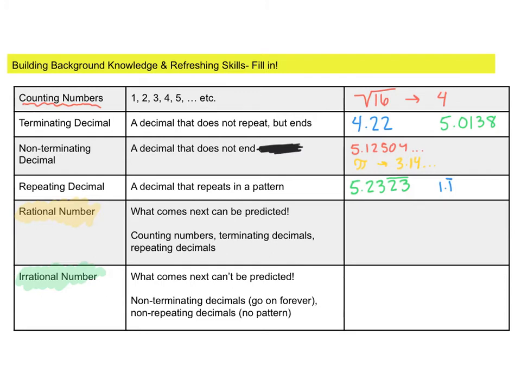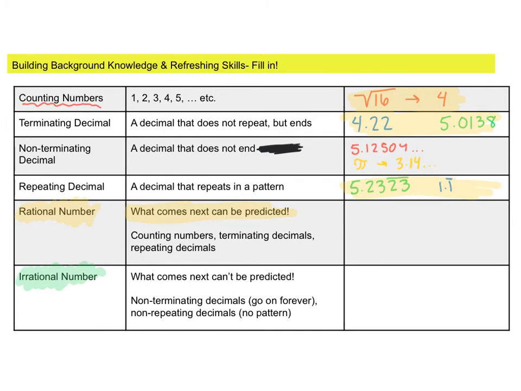So a rational number, that's what I'm starting off with, rational, is something that you know what comes next. It can be predicted. So the rational numbers here are terminating decimals. These are rational. Counting numbers are rational. Repeating decimals are rational. Everything I just highlighted in yellow, those are all rational numbers.